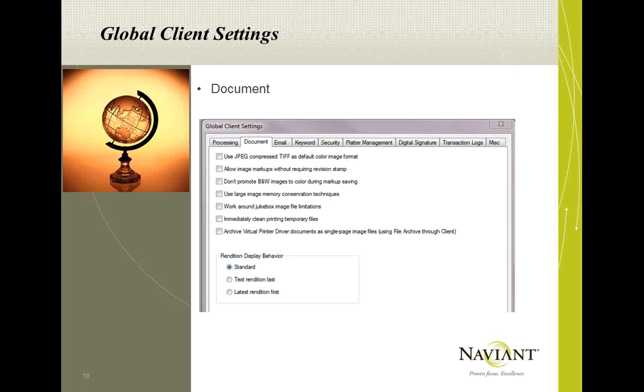So if you have users that don't like to exit OnBase, or if they sit in that temporary file too long, obviously, or if there are any issues where users never reboot their PCs, which I know there are several out there that have done that, you can have temporary files of printed images stored too long in there that could be a risk of somebody seeing them. So you can have these as soon as the print job is done, it goes through and cleans out those temporary print files from your temp folder.